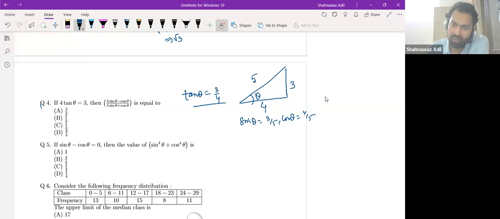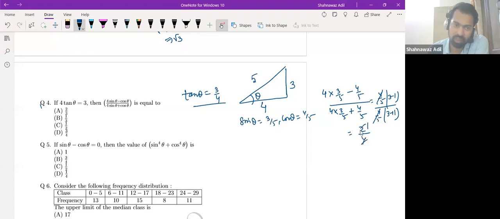Then the calculation is 3 by 5 minus 4 by 5, over 3 by 5 plus 4 by 5. So 1 by 5 is common: 3 minus 4 and 3 plus 4 gives 1 by 7. So this was the answer, right?